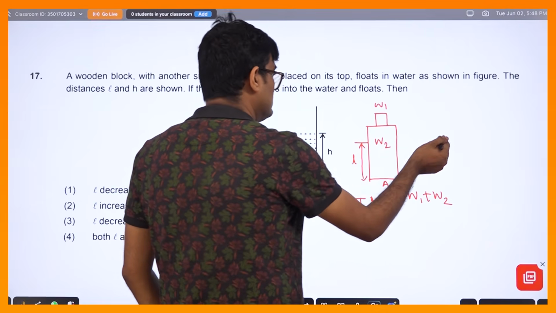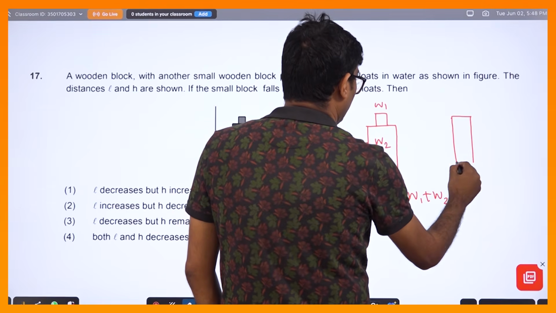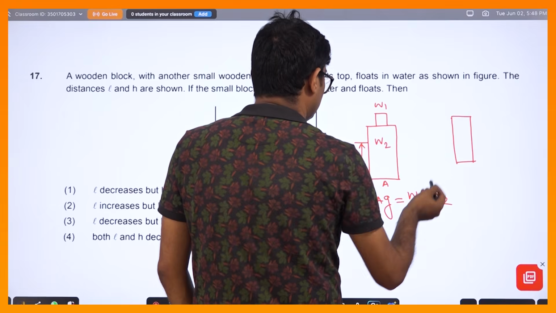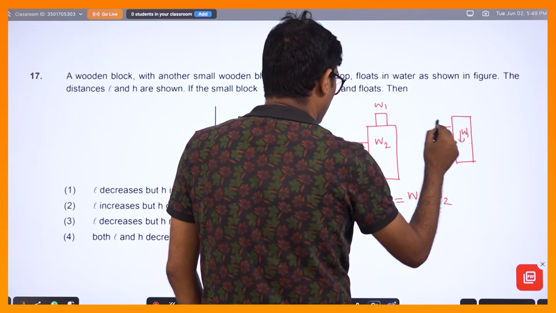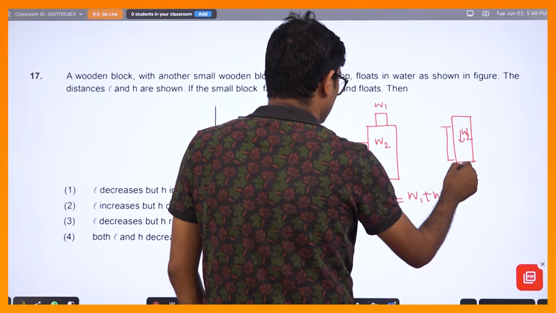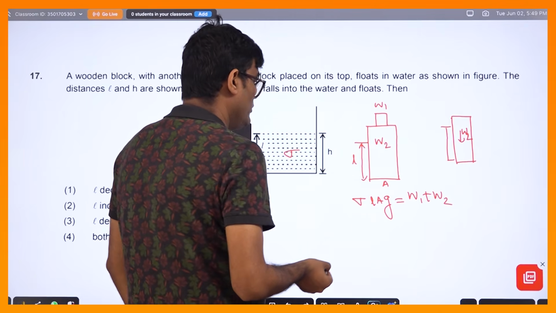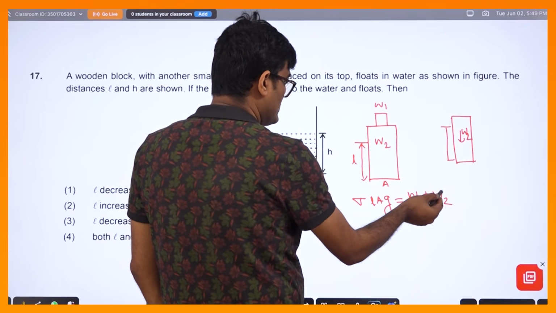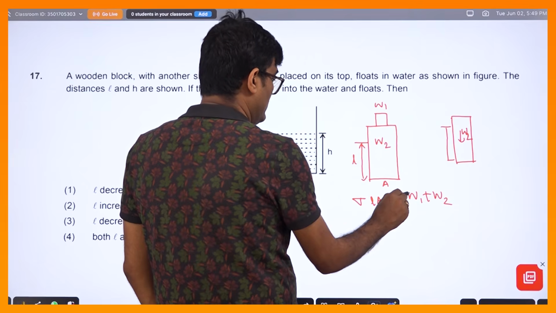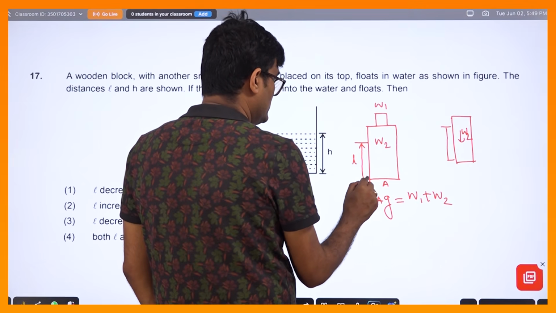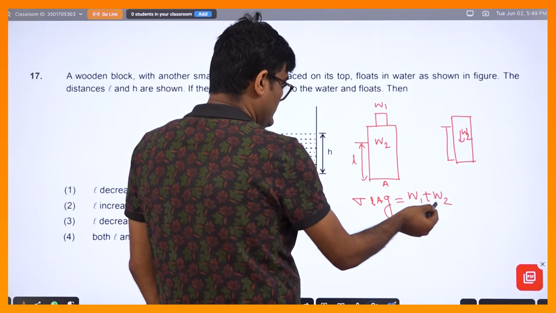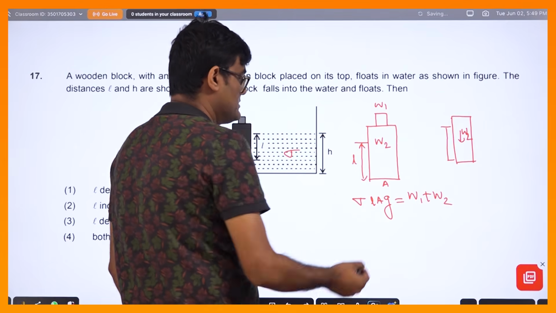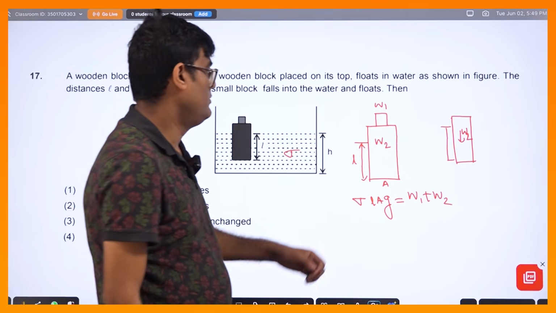Now when it falls, the same weight now is to be balanced. W1, W2 was to be balanced. Now only W2 is to be balanced. W1 is not there, so L should increase. Sorry, L should decrease, because earlier it was W1 plus W2. Now it is only W2, right?